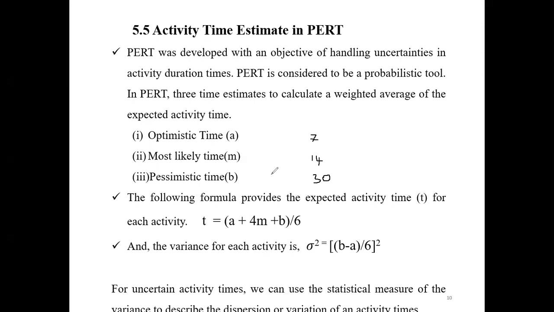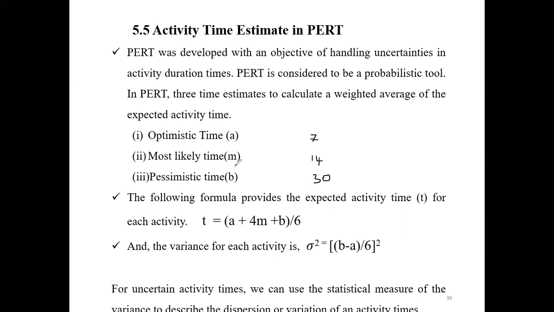We decide how much presentation time is needed, 1 week or 2 weeks or 3 weeks. So it's probabilistic. That's why PERT is a probabilistic tool. Optimistic time is denoted by A, most likely by M, and pessimistic by B. These are the terminologies we use to denote these 3 types of time.